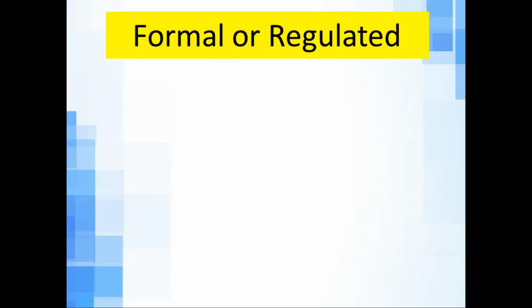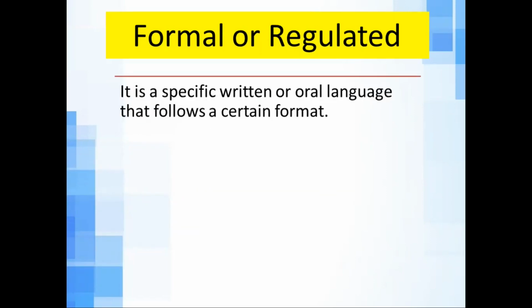Okay, so this means that this formal register is appropriate for professional writing and letters, for example, if you're writing to a boss or to your superior or to your professor or someone we are meeting for the first time. Formal writing is also probably the most challenging type of writing, since it requires conventions to follow.